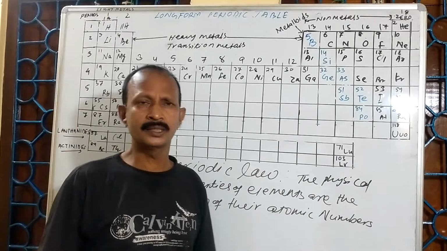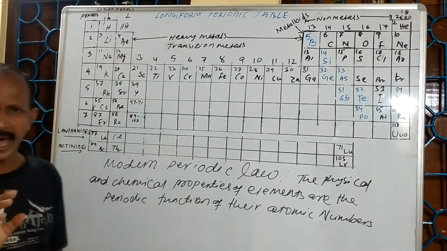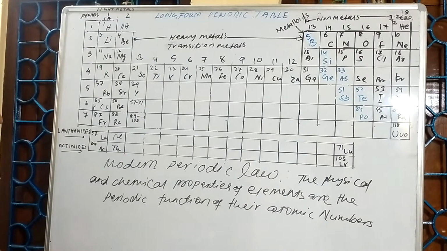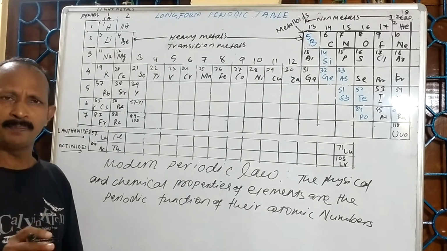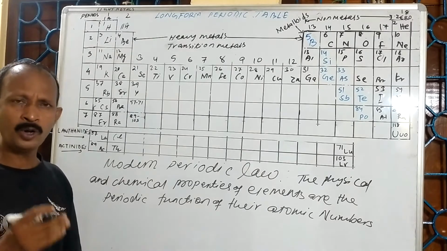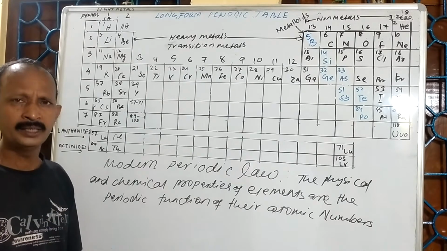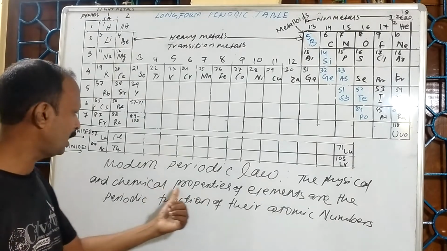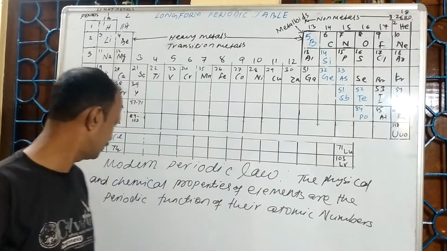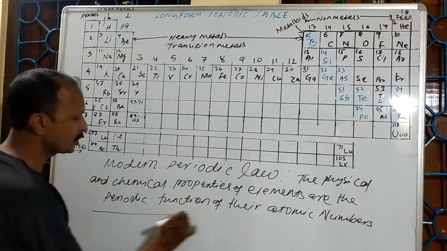It means if the elements are arranged according to the increasing order of their atomic numbers, their properties are repeated periodically. I have mentioned the physical and chemical properties of elements are the periodic function.